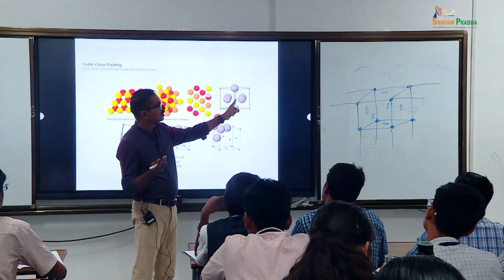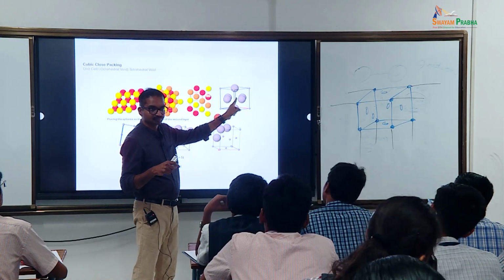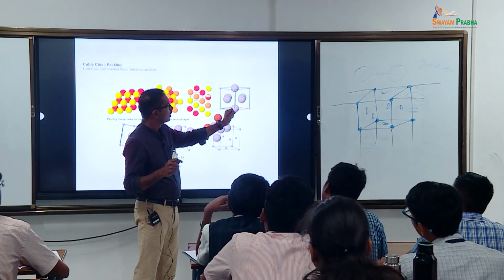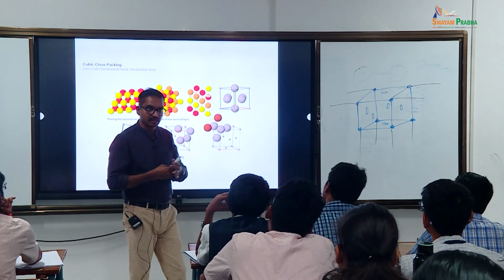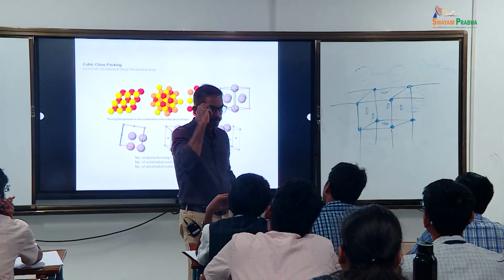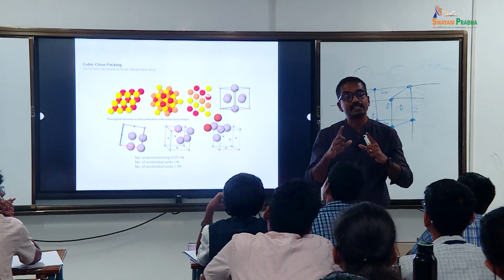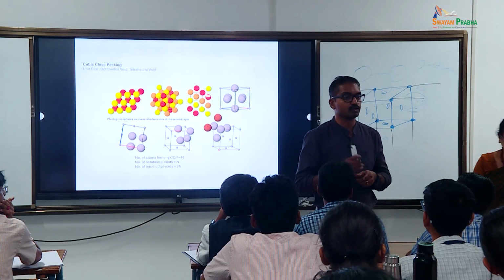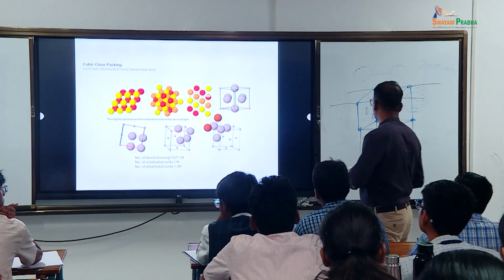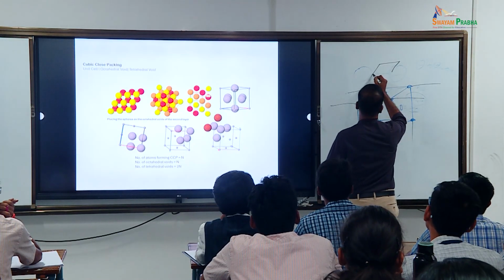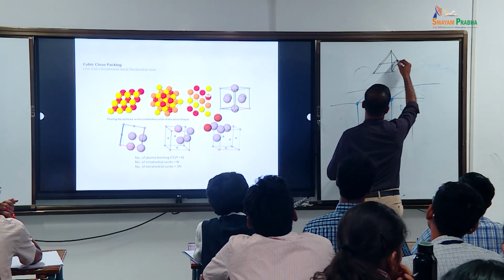Very good. The square comes because of triangles. We don't need squares. 8 triangles you need to build one octahedra. That is why it's called octahedra. Octa means 8. You use 8 triangles to build a closed shape, and inside that shape there is a void, and that void is the octahedral void.